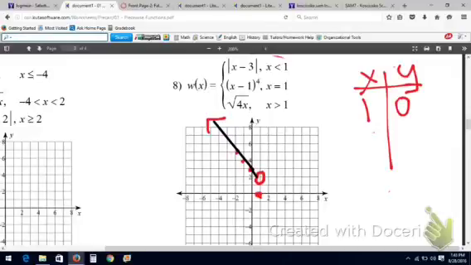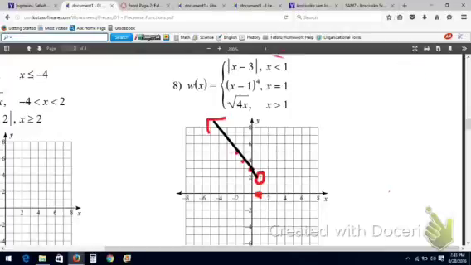Okay. So now we're going to do our last table. This time we want X to be greater than 1. So, still didn't fix it.